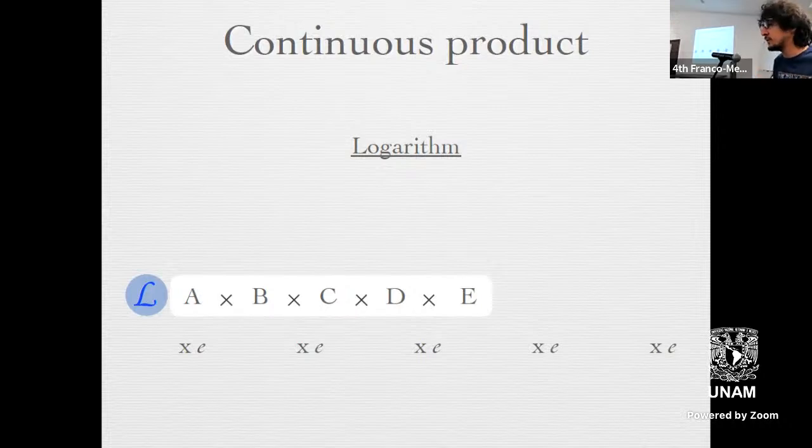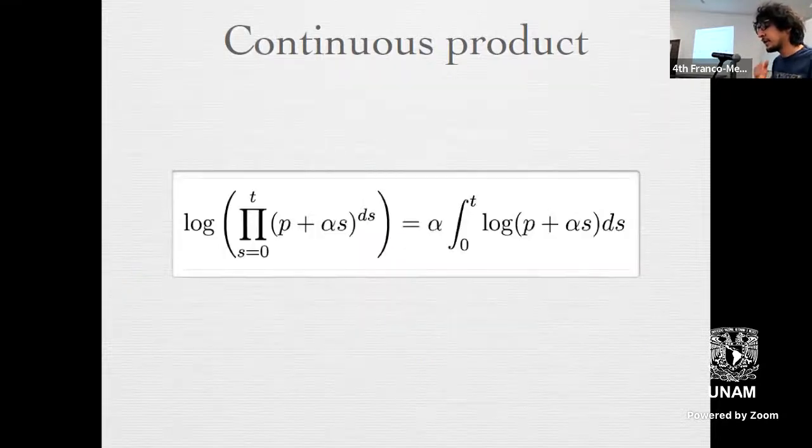So Leibniz didn't do that, but he built a curve that corresponds to the right notion. So the idea was there. If you have this formula, the product of each term to the power of ds, and you take the logarithm, you obtain an integral.